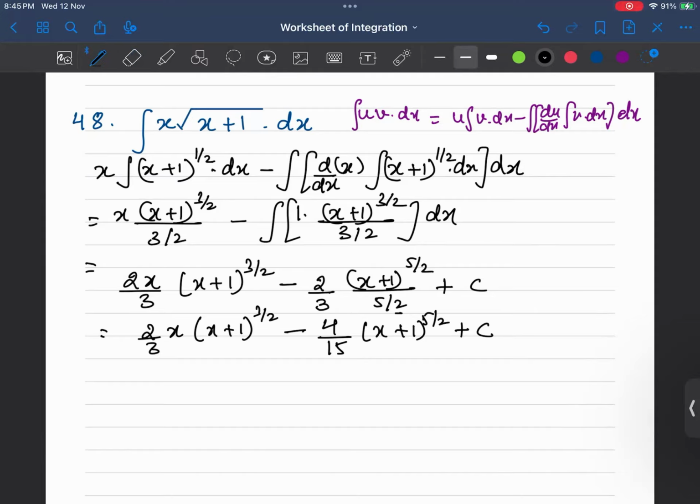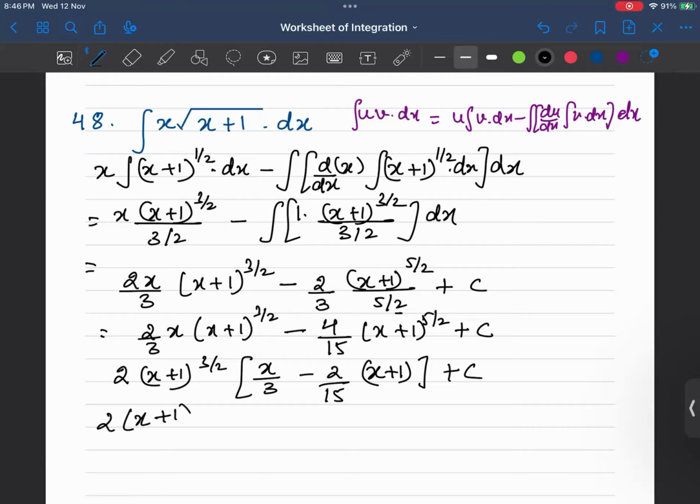I can leave it here also, but if you want, I can take something common, like 2 times x plus 1 power 3 by 2. It would be x by 3 minus 2 upon 15 times x plus 1, which would be left out, plus c. I can even solve it further if I want: x plus 1 power 3 by 2 times x by 3 minus 2 upon 15 x minus 2 upon 15, plus c.